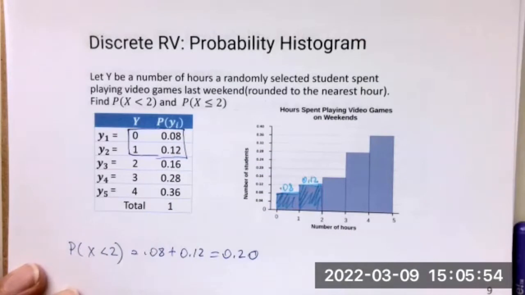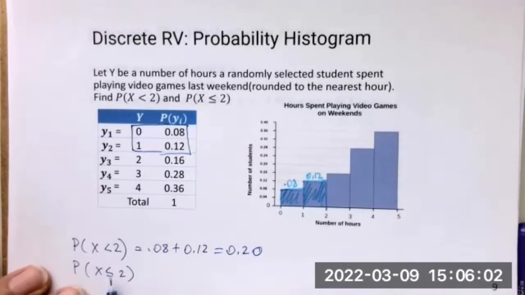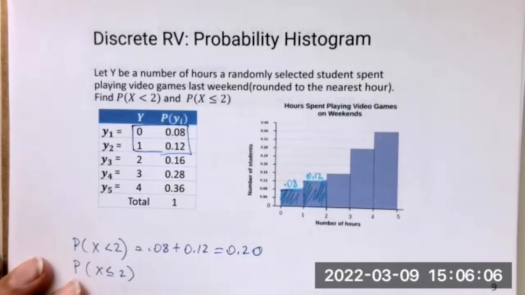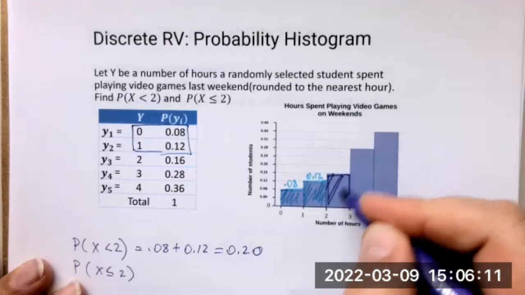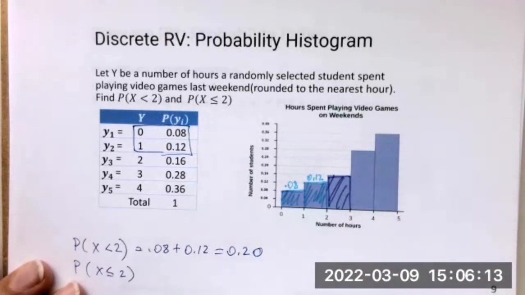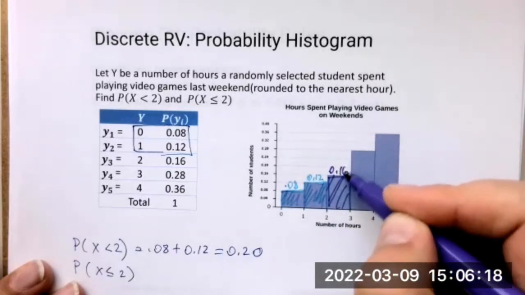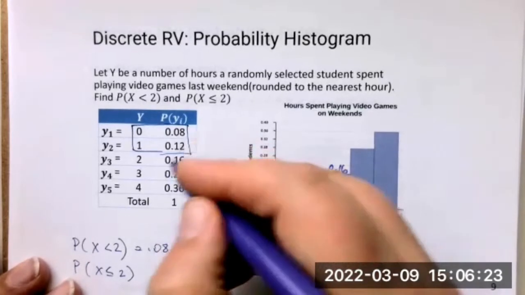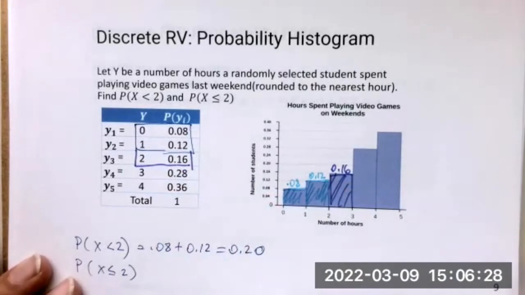Now, for the next probability, x is less or equal to 2. Now we are including 2. So it's this bar right here. So we're including it, and the area of that bar is 0.16. So we're adding it on top of the previous sum.